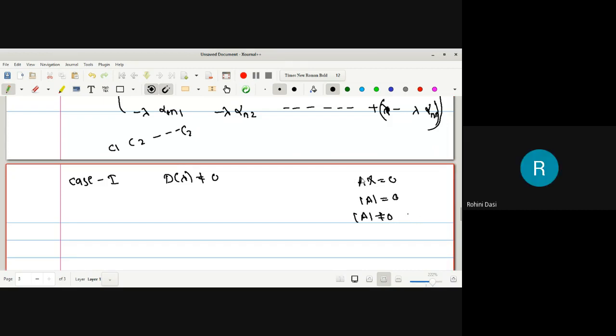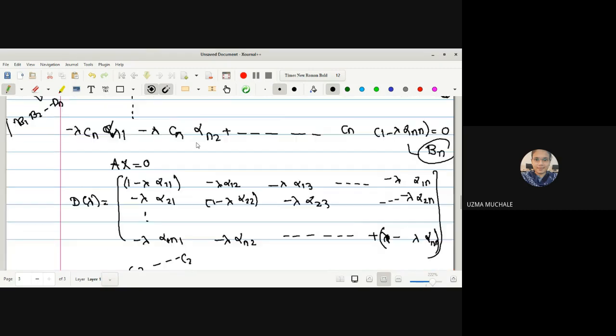Right? Yes, ma'am. Here we have Ax equal to zero, because if we are saying that the product of these two is zero, either one of them should be zero, right? If we are saying the value of the determinant is non-zero, what should be the consideration? The values of these x. What are these in Ax? In this case, we have the D lambda, that means your coefficient matrix.